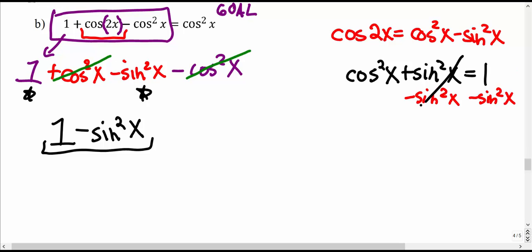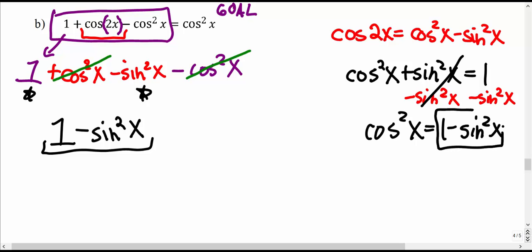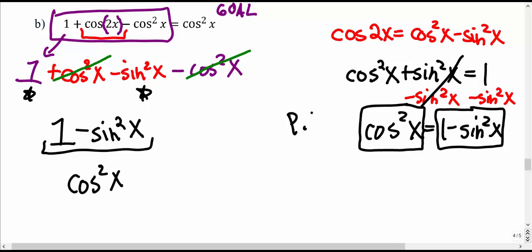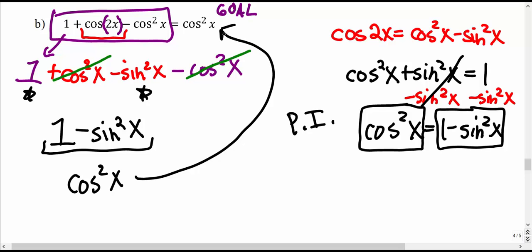And what we see is that cosine squared x is equivalent to 1 minus sine squared x. So instead of writing 1 minus sine squared x, we're allowed to replace that with its equivalent form, cosine squared x. So using that Pythagorean identity, we see that the left side has now reduced to our goal, cosine squared x.